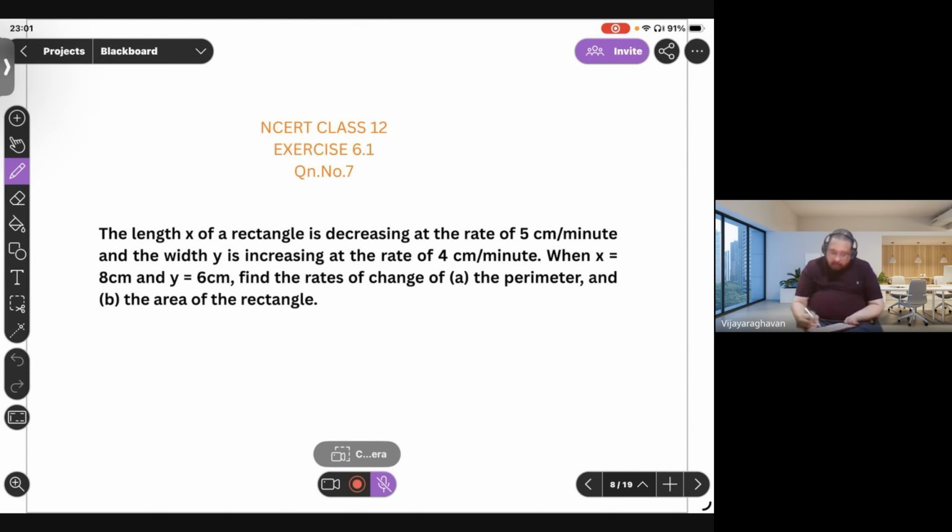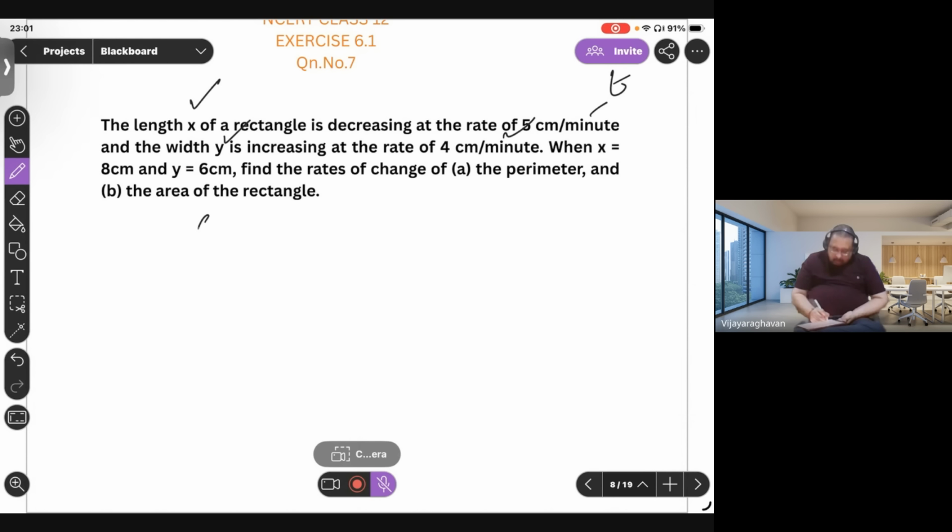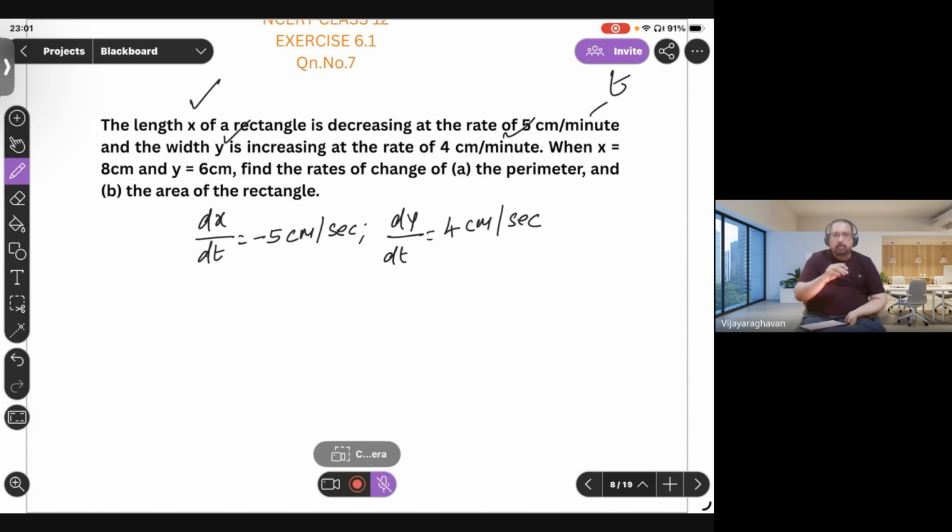5 centimeter per minute. So time is given, x is there, y is there, again time is given. So we have dx/dt equal to minus 5 centimeter per minute, and dy/dt equals 4 centimeter per minute. We have to find the rate of change of perimeter and area when x is 8 and y is 6 centimeters.